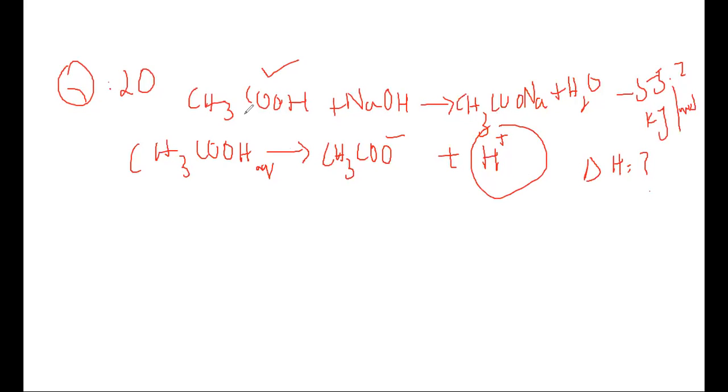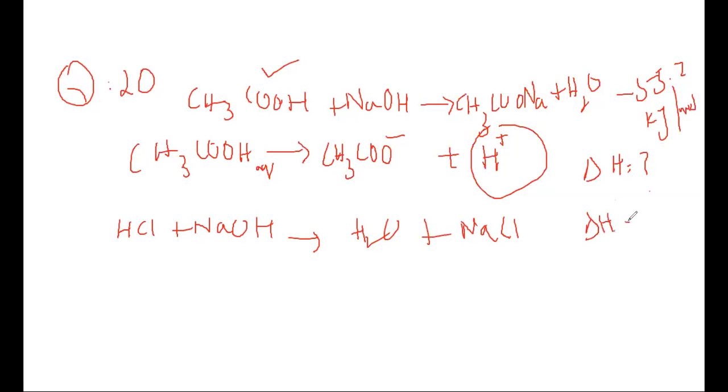As you know, when a strong acid like HCl and NaOH react together, they will give you water plus salt, and the enthalpy change for a strong acid and base, we know that it will always be equal to minus 57.3 kilojoule per mole.